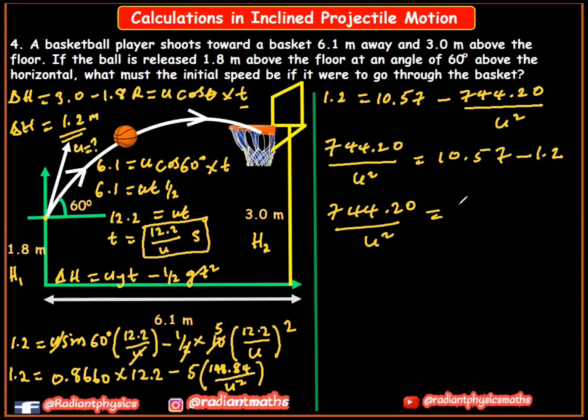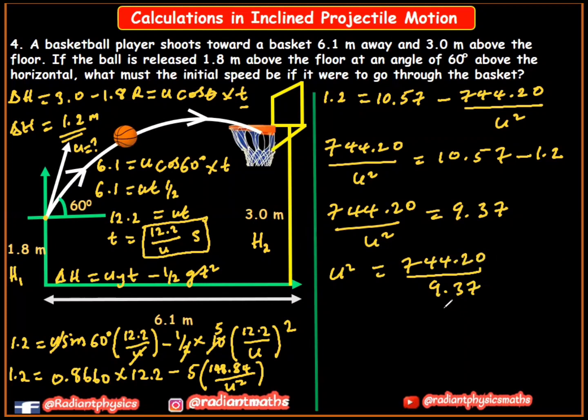So this will amount to 9.37. If you look at this equation, we are going to cross multiply. U squared times this, and this is like over 1, but there is no need to write that. So we are just going to write our u squared here equal to 744.20, this is just simple arithmetic, divided by this 9.37.